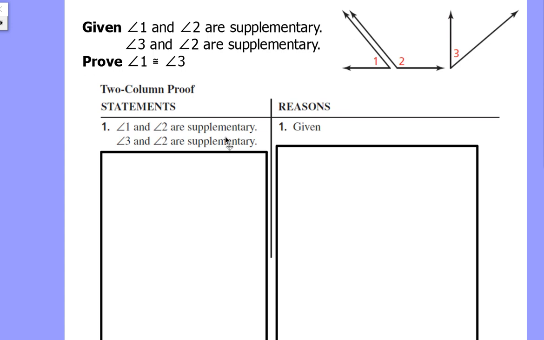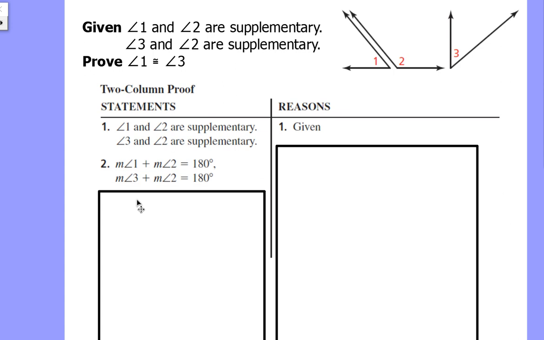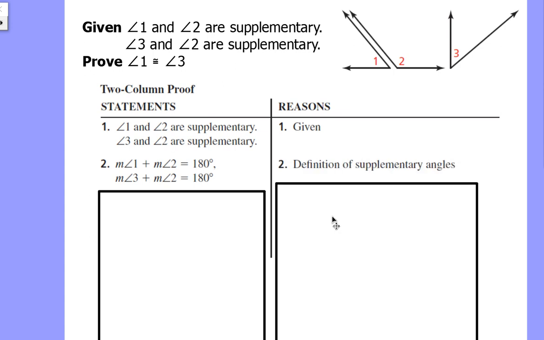That's what you need to be thinking to yourself. If 1 and 2 are supplements and 3 and 2 are supplements, that means when you add these two together, they equal 180 degrees. So use that to your advantage, that you know the definition of supplementary angles.